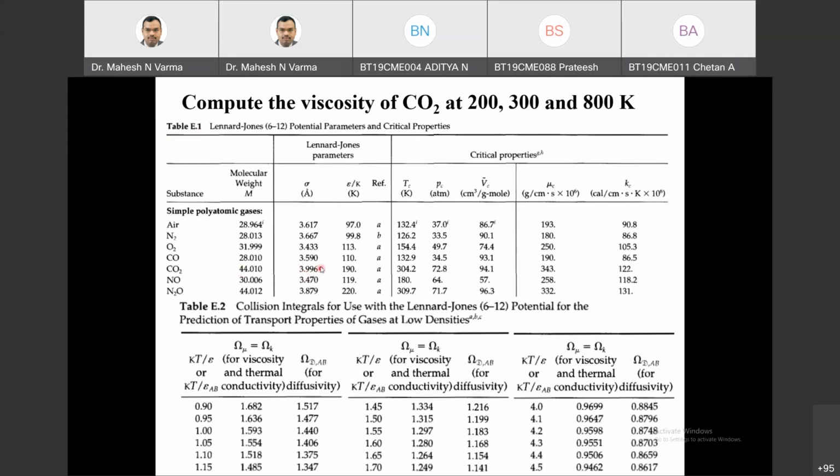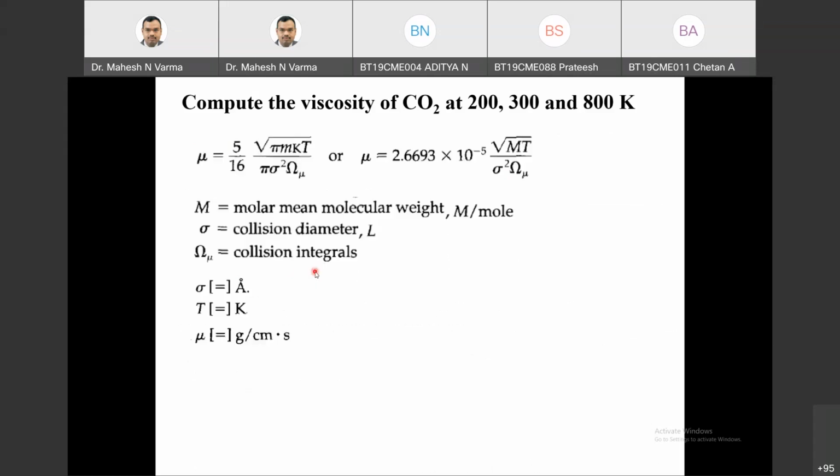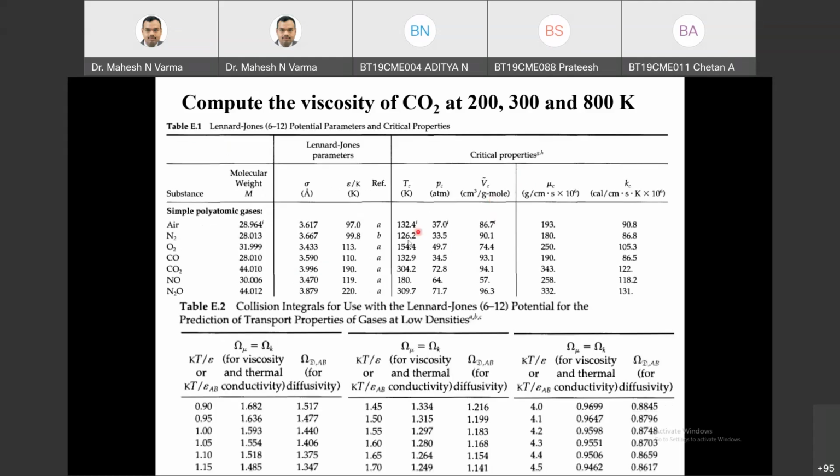Now I want the collision integral. How do I get it? For carbon dioxide, epsilon by k is 190 Kelvin. For the given temperature of 200 Kelvin, what is the value of kT by epsilon?